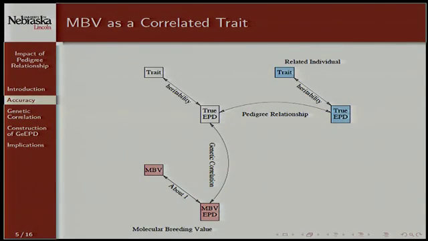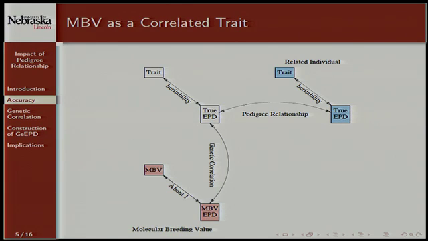As alluded to earlier, we can look at a molecular breeding value as just another trait measured on an individual. It differs from other correlated traits in that it should typically have a heritability close to 1. There are reasons why it might not, but usually if that heritability is less than 1, that indicates a serious problem.